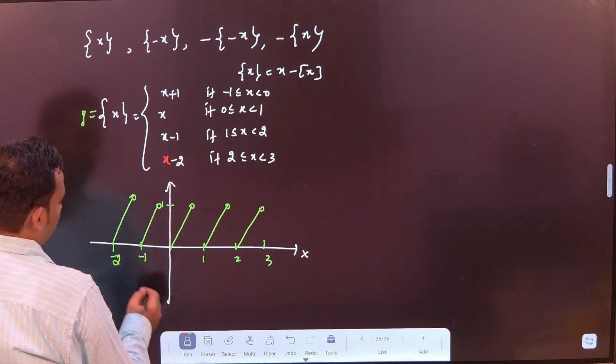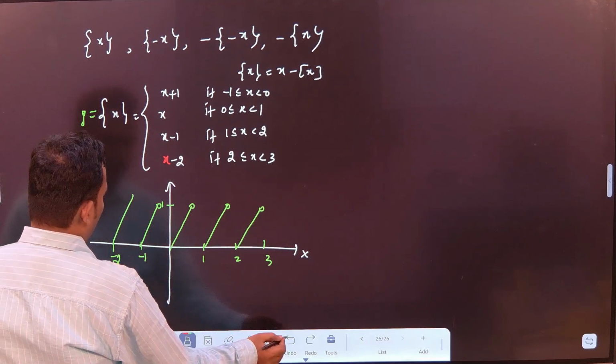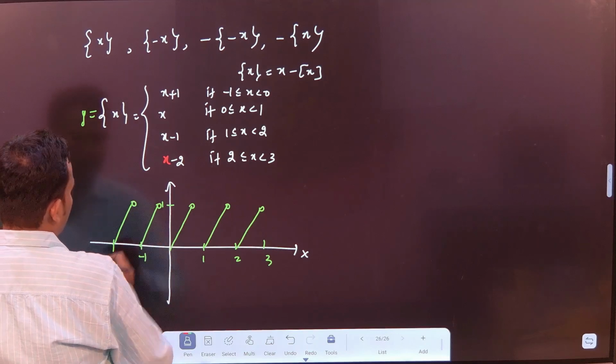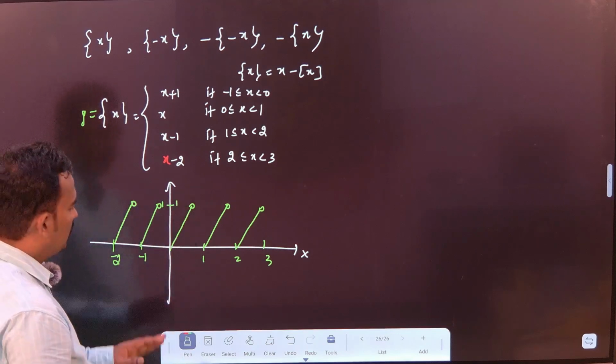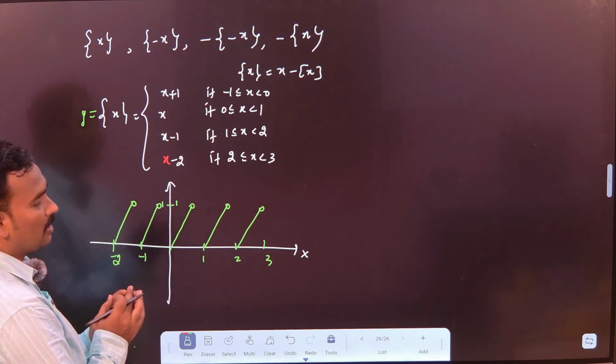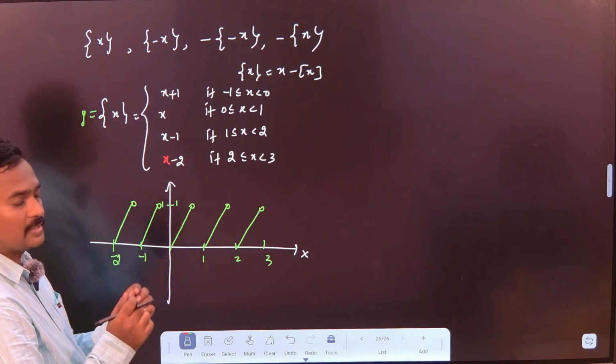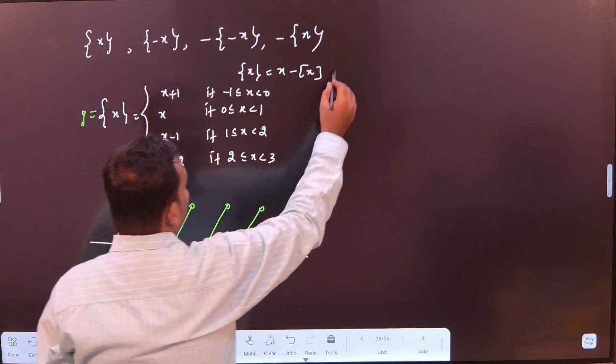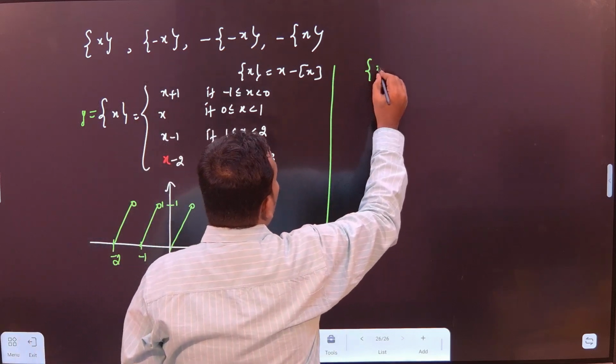Okay? This is 1, right? This is your fractional part function of x. Now you have to draw the fractional part of minus x. So how to draw this? You know that the transformation is what?